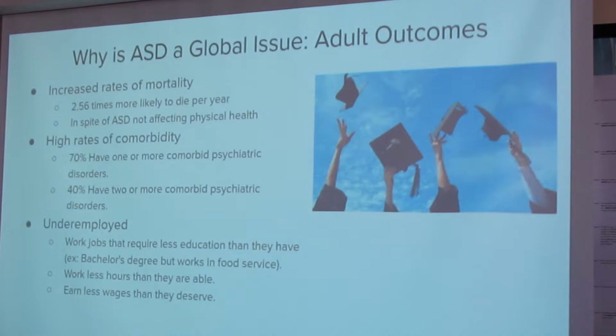And that's on the higher end of the spectrum, but there are plenty of people too who may not have a high school diploma, but went to a trade school and know a task really well that they could do, but they're still not getting hired for those tasks. So underemployment is a really big issue for this group of people.